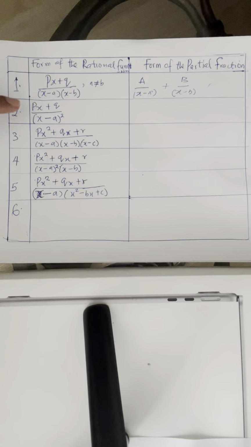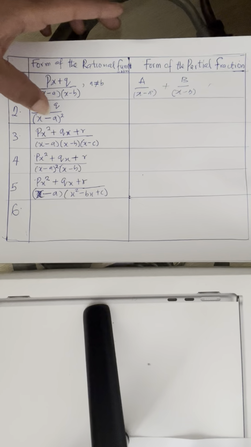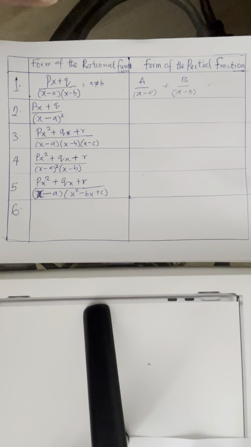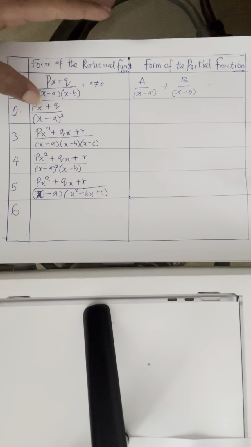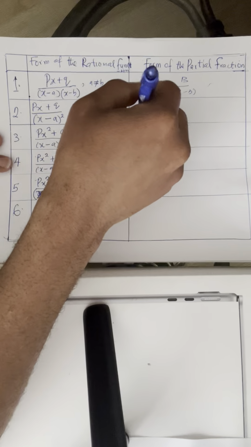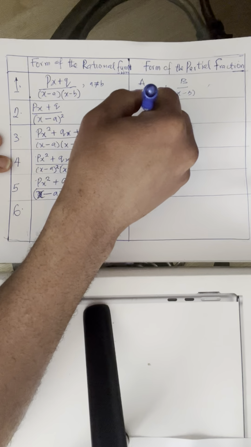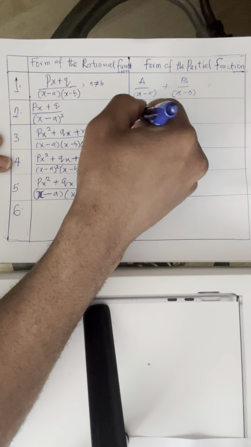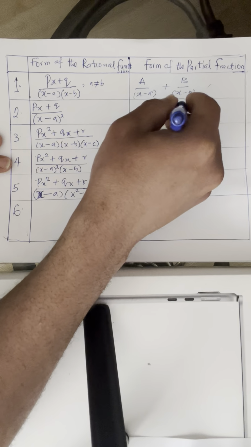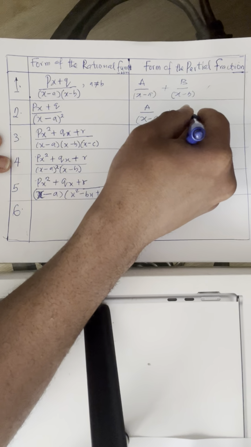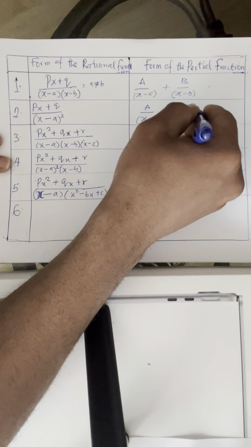Now the second one here is when you have the denominator such that when you factorize, you have 2 repeated roots. When you have 2 repeated roots or n repeated roots, like I said in one of the videos, how you do that is you express it as a over x minus a plus the next one will be b over x minus a raised to the power 2.